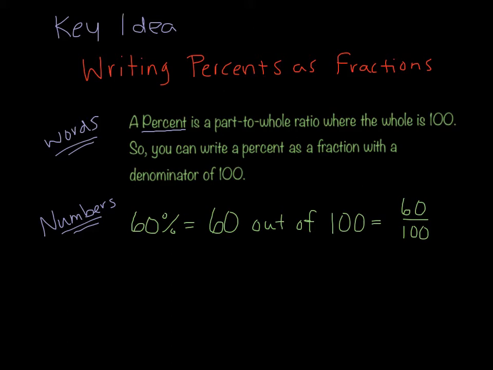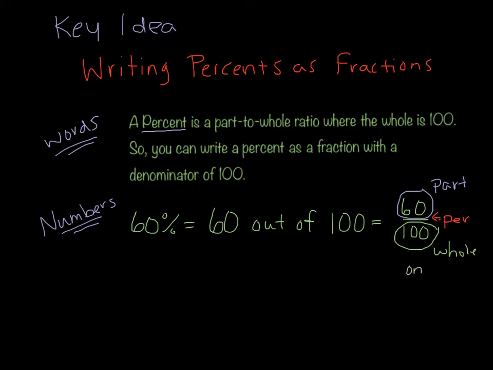So if you look at it, this would be your part, your 60, your line, or your fraction bar, would be per, and then I would have my whole, which would be 100.